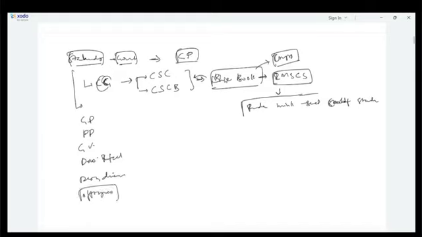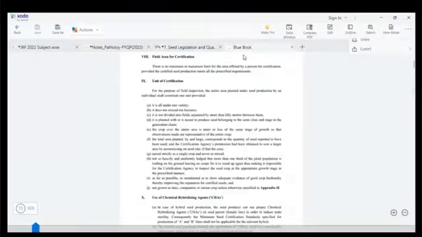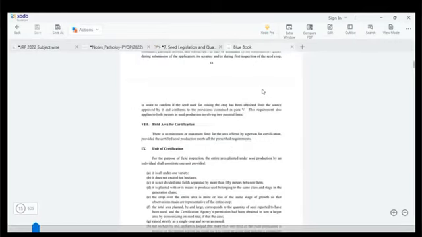All these are certain standards which have prescribed values for specific crops, which should be followed by the certified seed producer. So this is about the standards. I'll just show you the IMSCS Blue Book. This is how it looks.